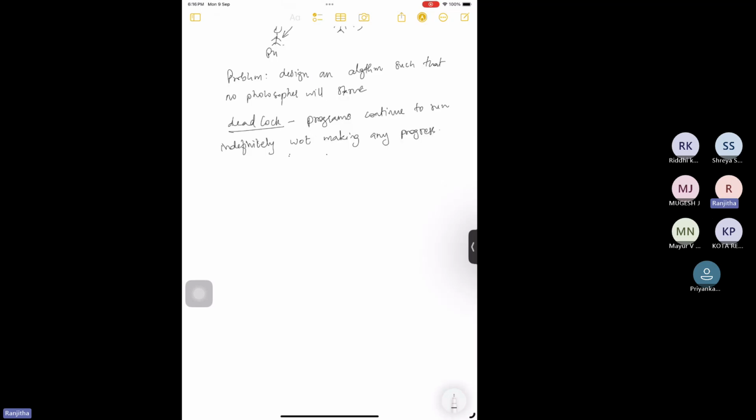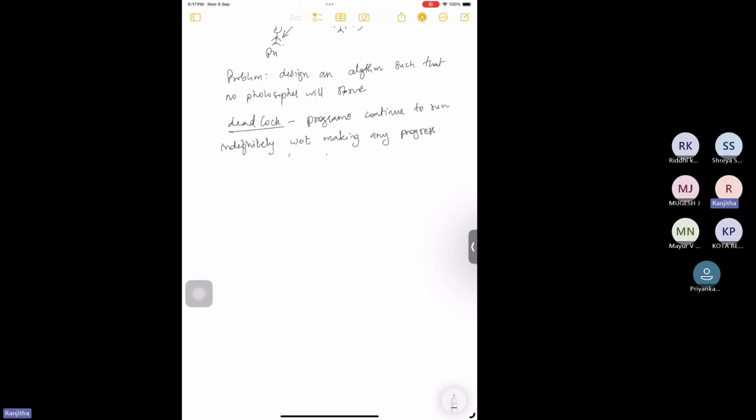This is what we call deadlock. This happens when the resources are not available for the processes to proceed. If the resources are not allocated properly, there is a chance of deadlock to occur. And if deadlock occurs, then the system will come to a standstill kind of situation.